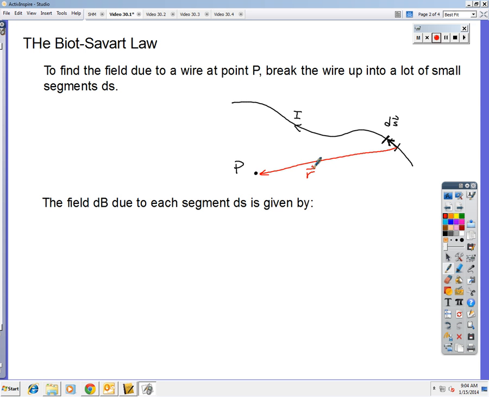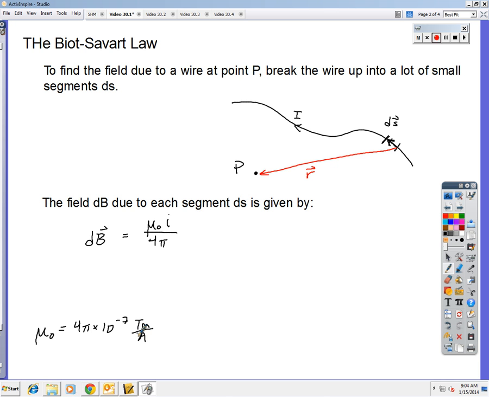And the magnetic field dB due to ds is equal to mu naught I divided by 4 pi. Mu naught is called the permeability of free space. It equals 4 pi times 10 to the minus 7 Tesla meters per ampere.